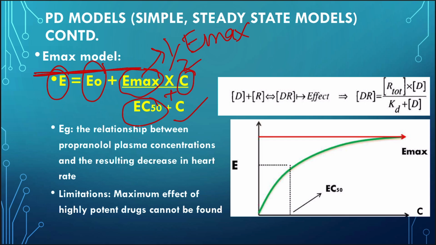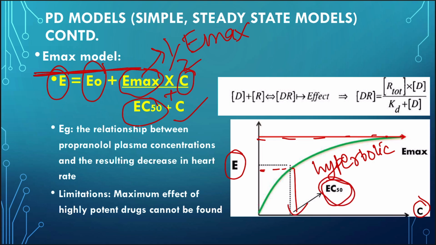Here we get a hyperbolic type of graph, with concentration on the x-axis and effect on the y-axis. Emax is the maximum effect, and this is half of the maximum effect. The corresponding concentration will be EC50.